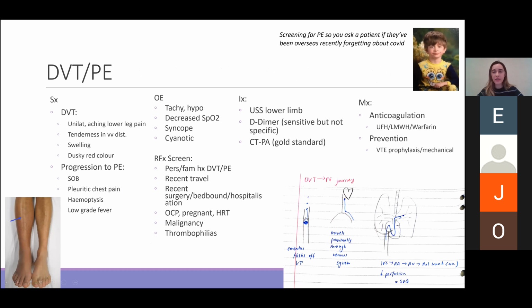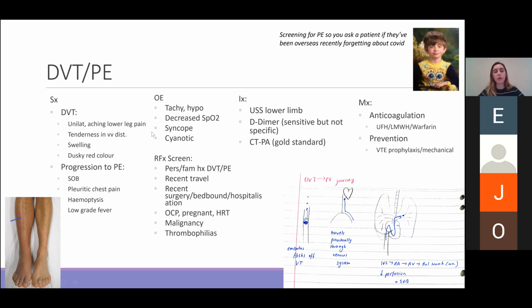So we'll move on to DVT and PE. This is really emphasized in third year as well because it's so important. People can present in so many ways, and people can forget about this condition. So symptoms: for a DVT, or deep vein thrombosis, here's a little picture.